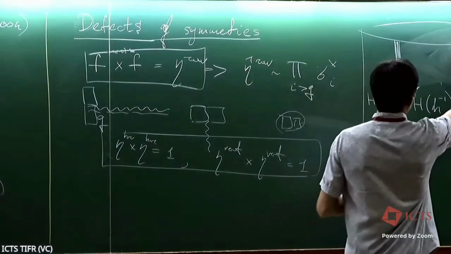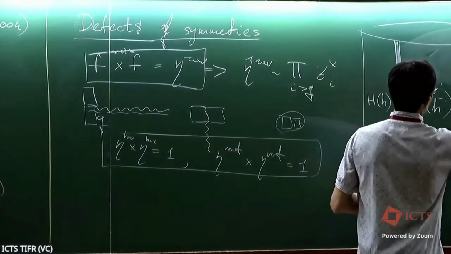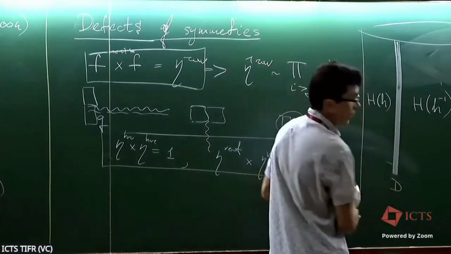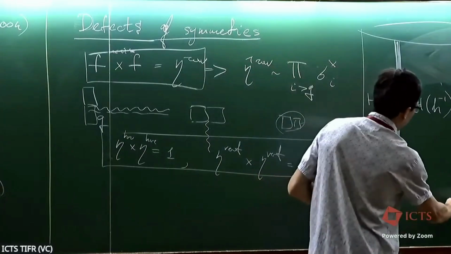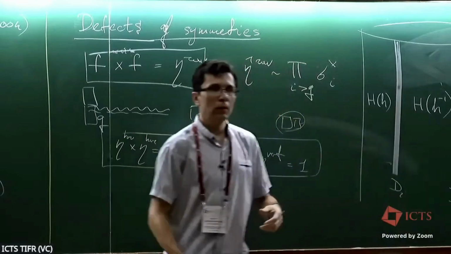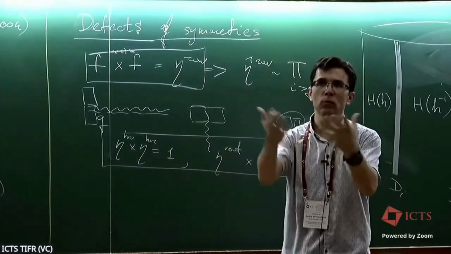And then I have another defect over here, and on the right of it, I have again the original Hamiltonian. So what do I mean by fusing these defects? I have one defect here at some position i. I have another defect at some position i prime. I move them next to each other and I, quote unquote, annihilate them, and I see what happens.